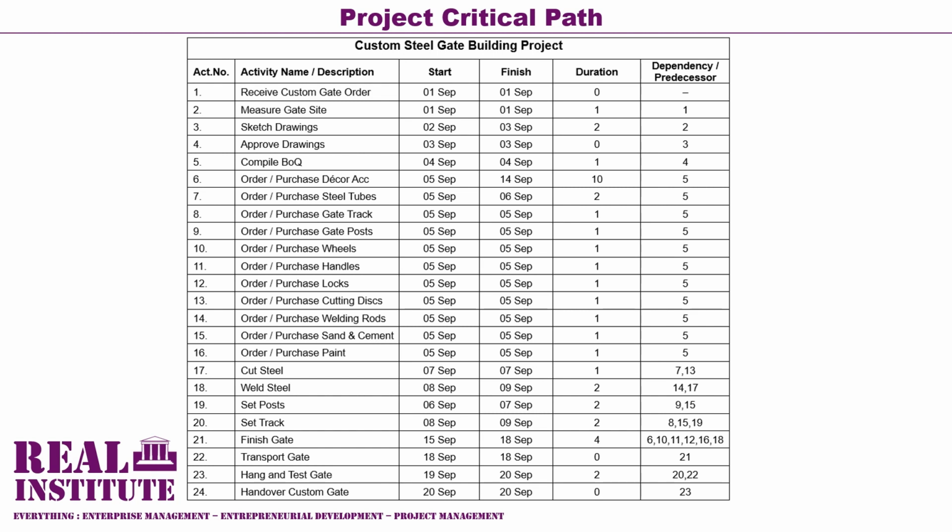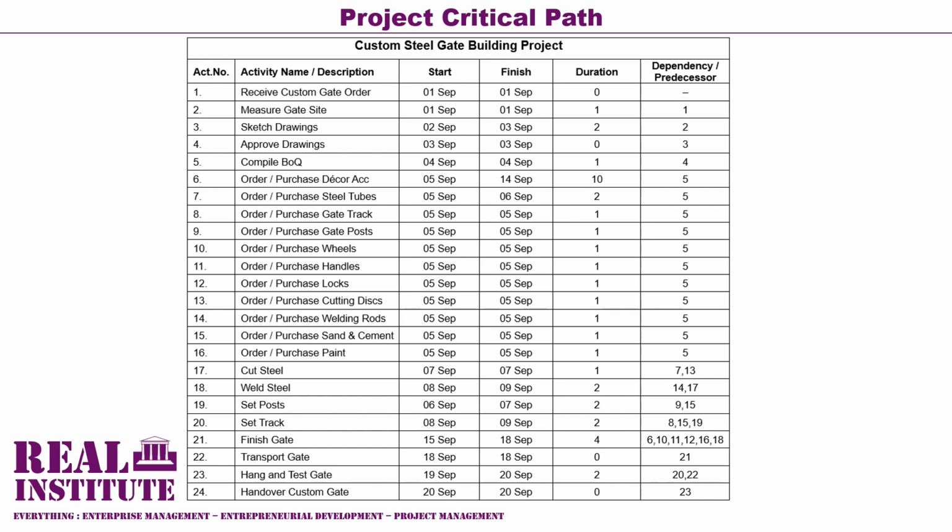We have also established the dependencies or predecessors for all the activities. As you can see, activity 2, which is measure site gate, has activity 1, which is receive custom gate order, as its predecessor. Also, activity 3, which is sketch the custom gate drawings, has a dependency of activity 2, which is measure site gate.